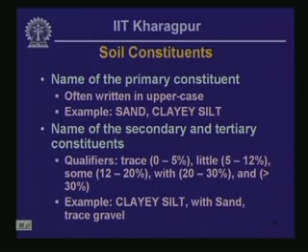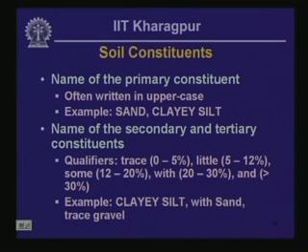Then finally, you have to name the soil constituent. Here you have to name the primary constituent of the soil, for example sand, clay or silt, and you also have to name the secondary or tertiary soil constituent. Here you use qualifiers such as trace, little, some, with, and the percentage of the secondary or tertiary constituent meant by these qualifiers is indicated there.